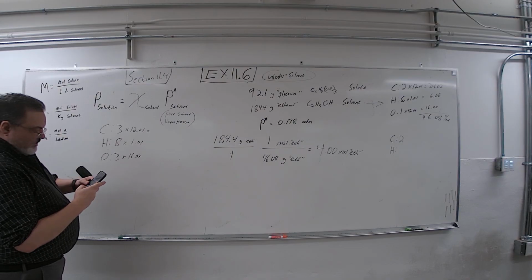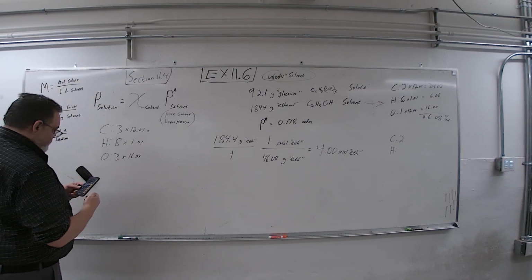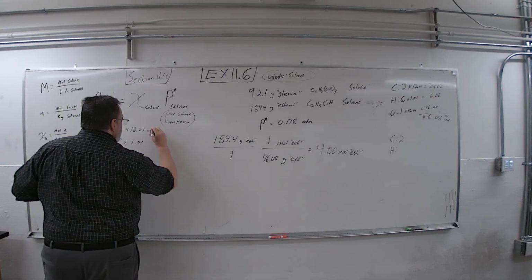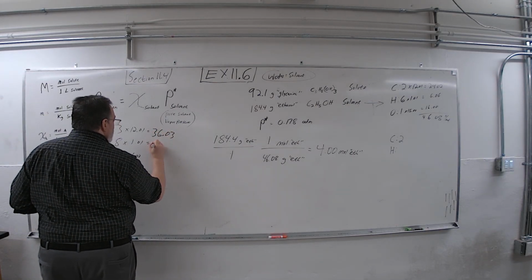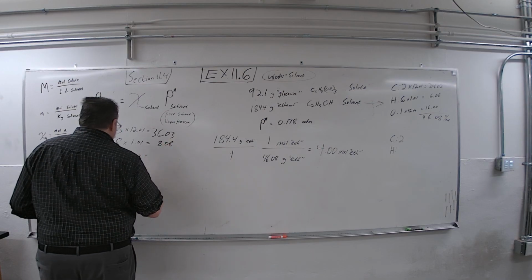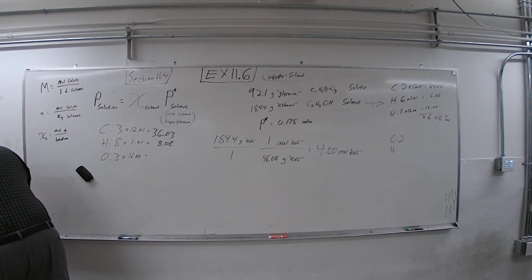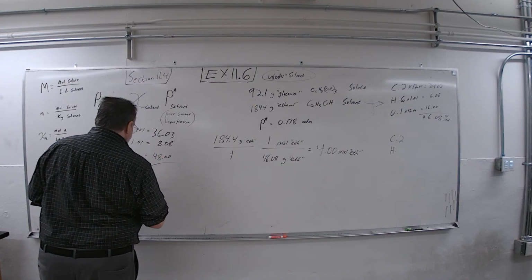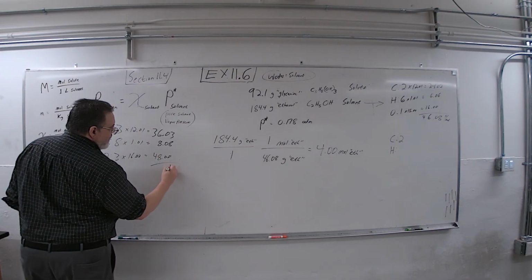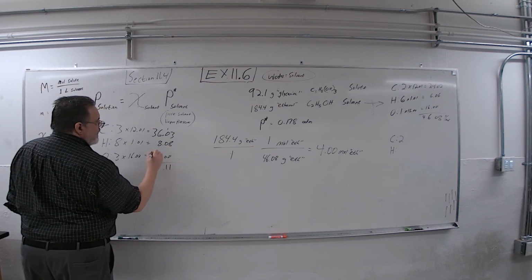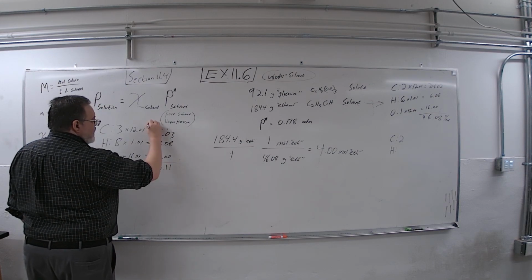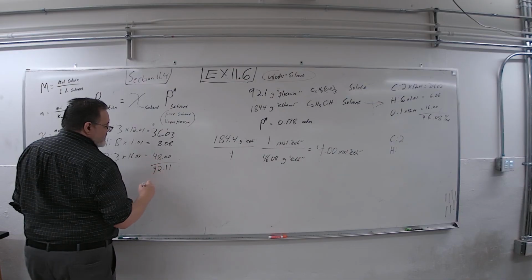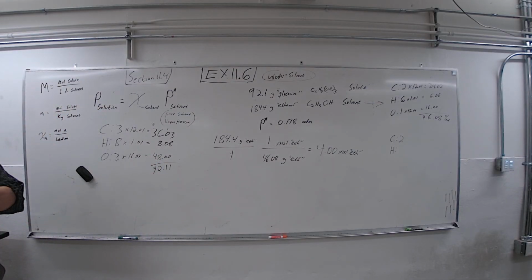I'll use the calculator. 12.01 times 3. What's 3 times 16? 48. Is that right? 92.11? If I add them up. Did I do that right?